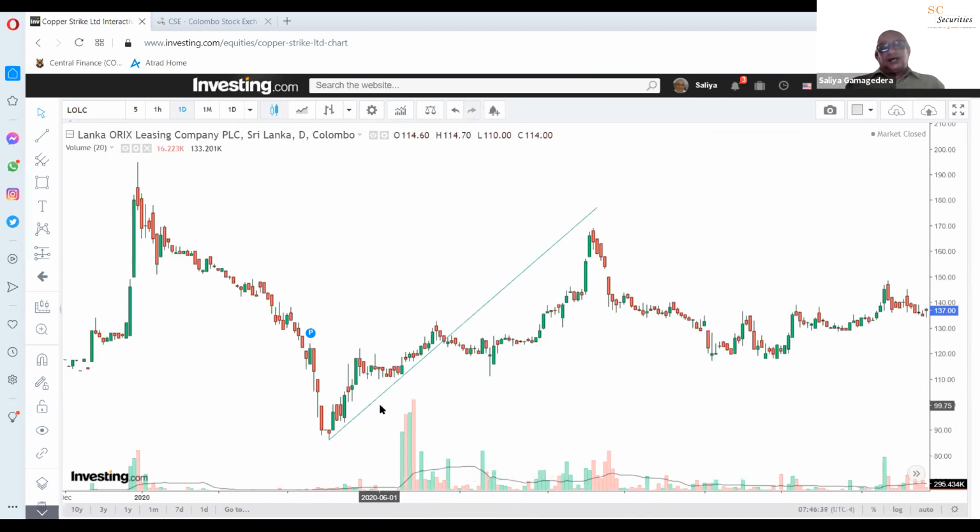Now that is by joining the lows, right? And now we have to understand that in an uptrend, since you see high-low formation, this line is going to act as a support until a breakout below that trend line takes place, right?